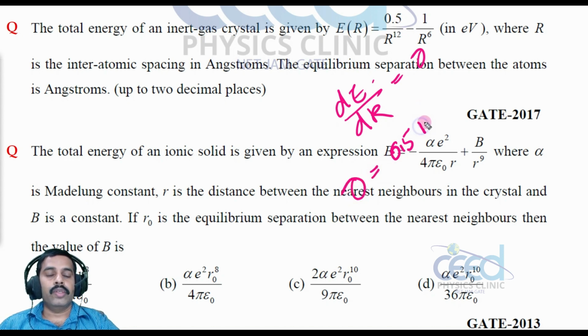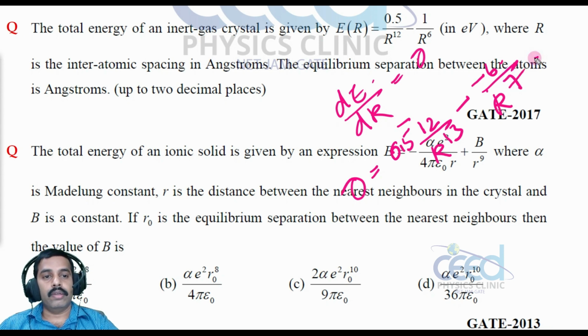0.5 into, minus 12 by r raised to 13, minus 6 divided by r raised to 7, should be equal to 0. That means we can write 0.5 into 12, that is 6, so 6 over r raised to 13 is equal to 6 over r raised to 7.